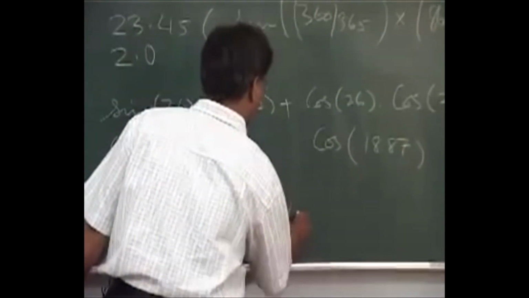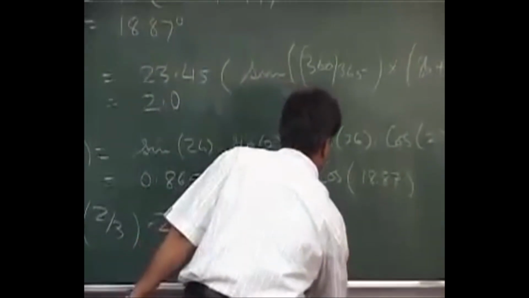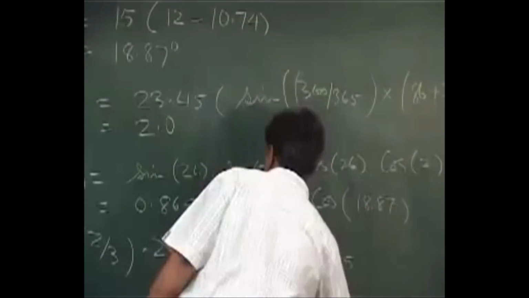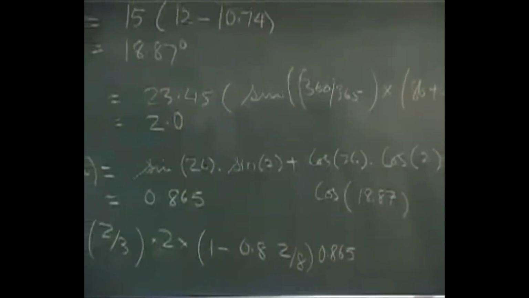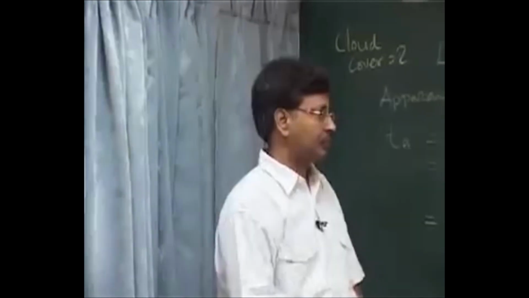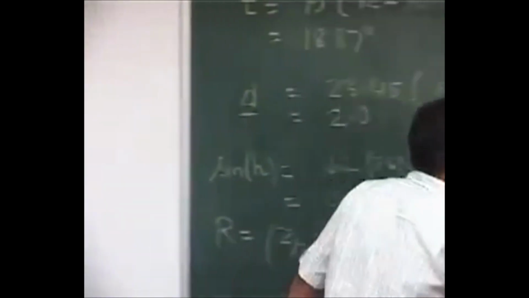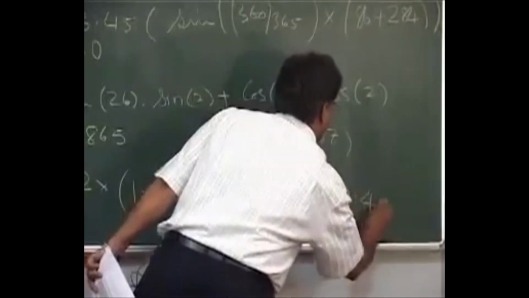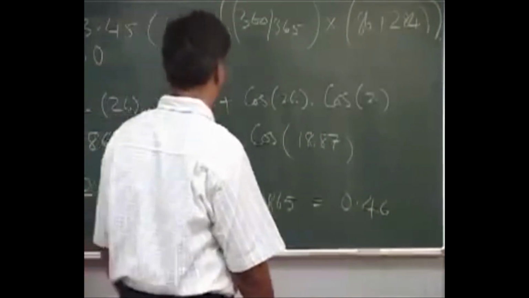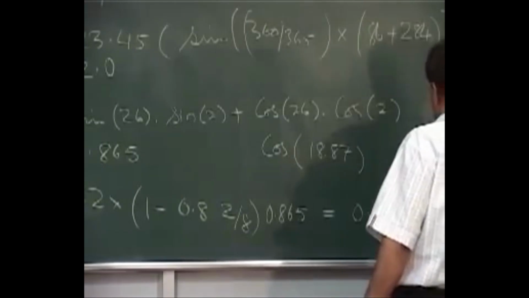So 2 by 8, sin h. That way you can find the incoming solar radiation, or insolation, same thing. And that number came out to be some value in calories per square centimeter per minute.